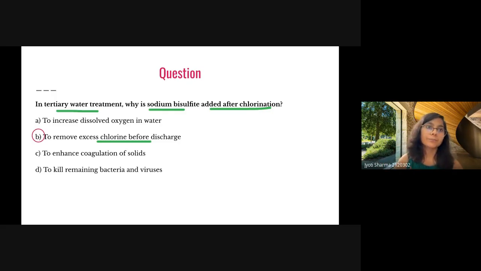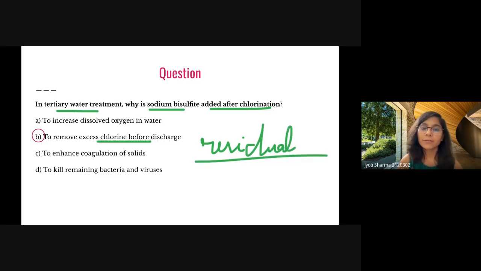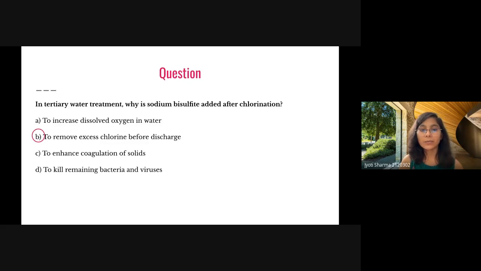And obviously we do have some residual chlorine in the water body, so that is helpful for us. But if we do have an excess of chlorine, then it may be harmful to human beings. So to remove excess chlorine before discharge, we have to add sodium bisulfite. So that's how B is the right answer.